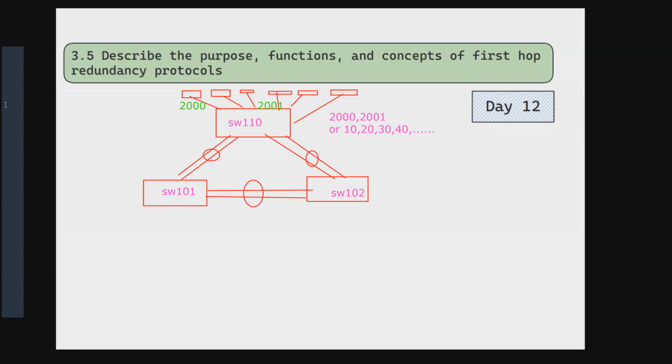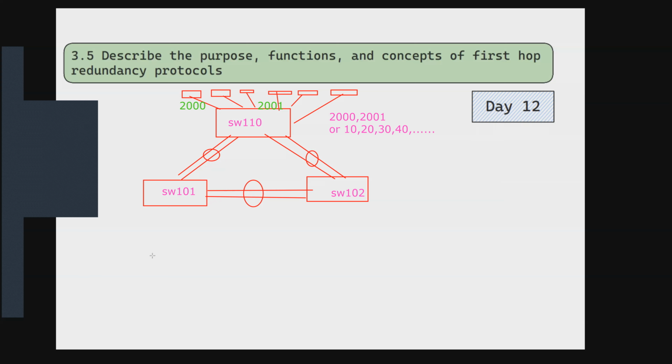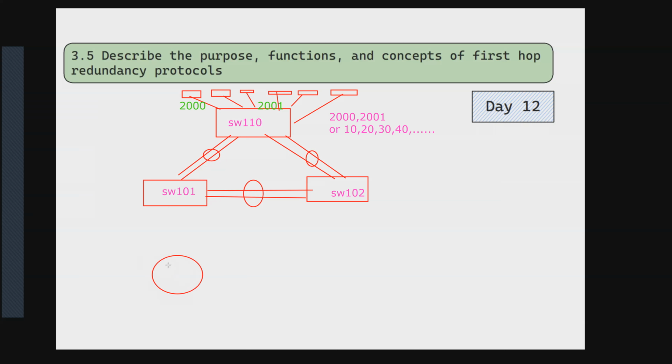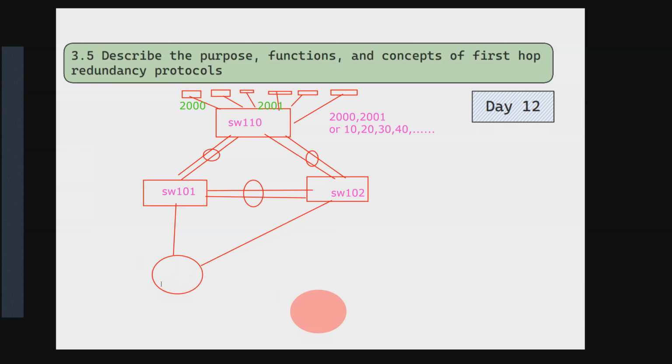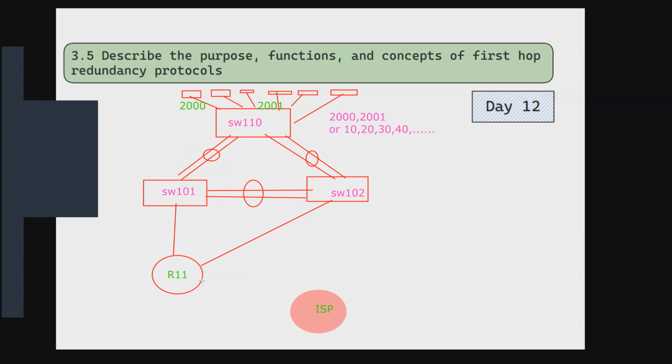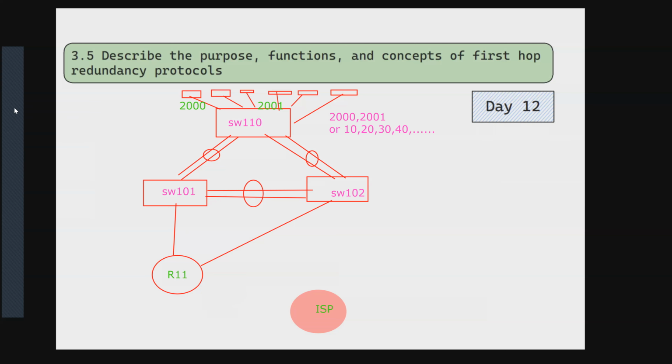Now, how our connectivity is: we have one router here, and you have connectivity like this. This router is again connected with the ISP router, so you have connectivity like this, R11 and ISP. Between them you have the WAN link.